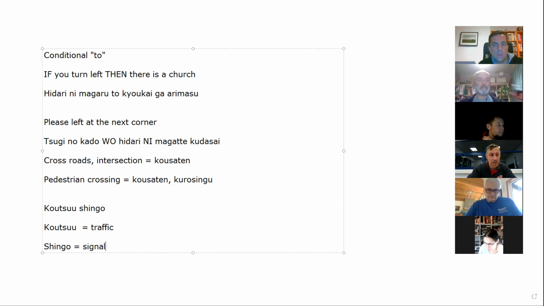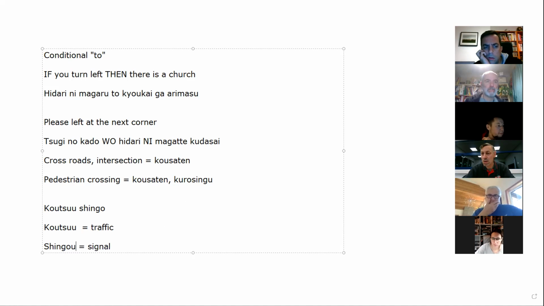Kotsu shingo. But if you just use the word shingo, this is completely understood. And it's shingo, I think. Sorry, thank you. Yes, you're absolutely correct. Shingo.